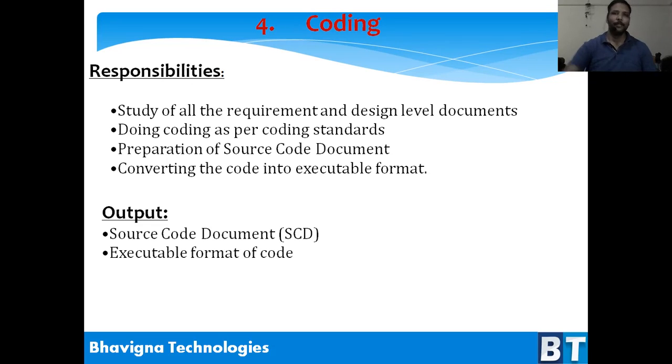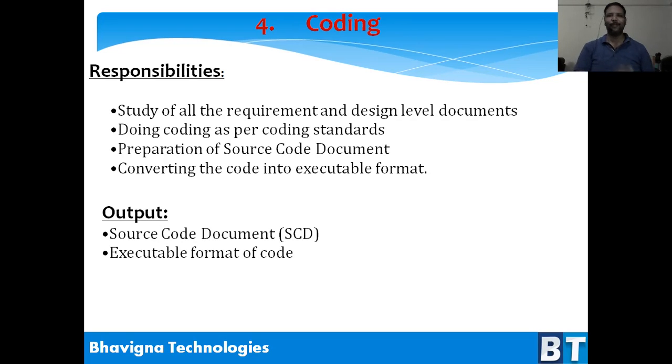Then doing coding as per the coding standards, by referring to those documents. Preparation of the source code document, and converting the source code into executable format. After writing the code, we have to convert it into executable format, or .exe format, because we can't give the code for testing.